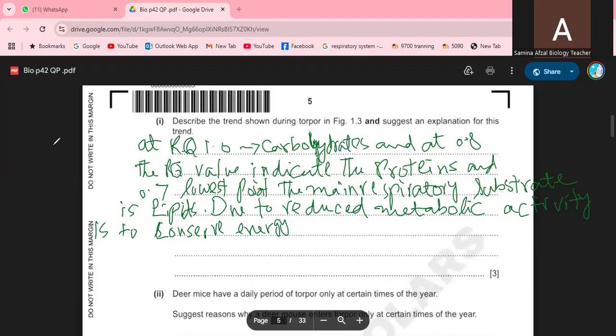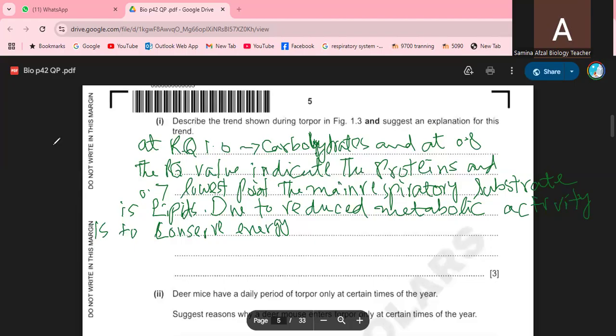So the low RQ value, approximately 0.7 during the period shown in figure 1.3, suggests that the deer mouse was primarily metabolizing fats to sustain its reduced metabolic rate. During torpor, this metabolic shift allowed the animal to conserve its limited energy reserves over an extended period of inactivity.